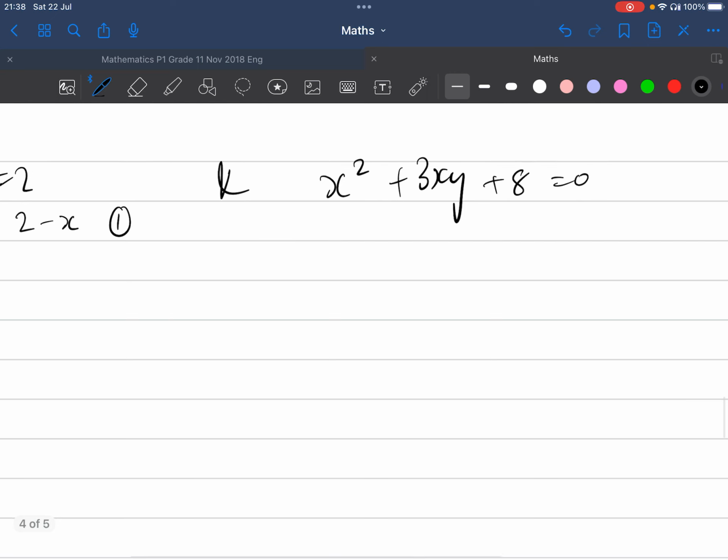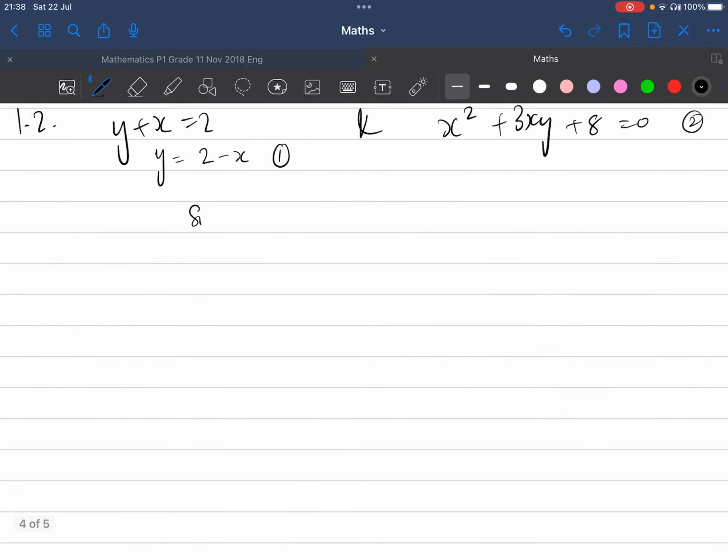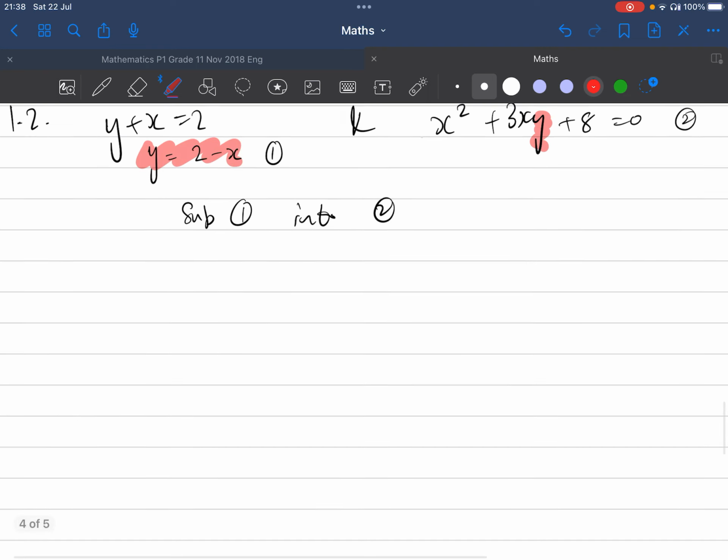We call this equation number 1. We'll call that equation number 2. Okay, so now let's sub equation number 1 into equation number 2. So I'm going to rewrite equation number 2, but in place of y, I'm going to put our new equation.